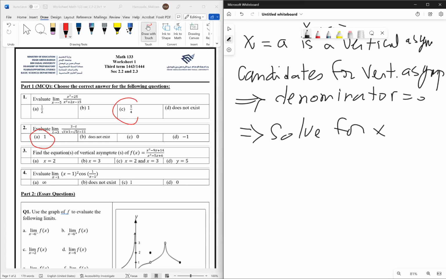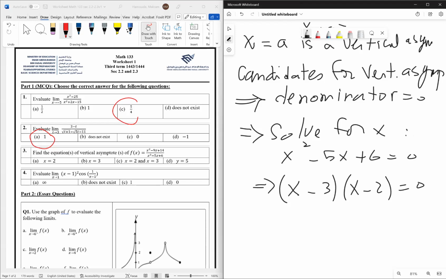for x the following equation: x squared minus 5x plus 6 equal to 0. By simple factoring, I will get x minus 3 times x minus 2 equal to 0. That means x equal to 3 or x equal to 2. Good.